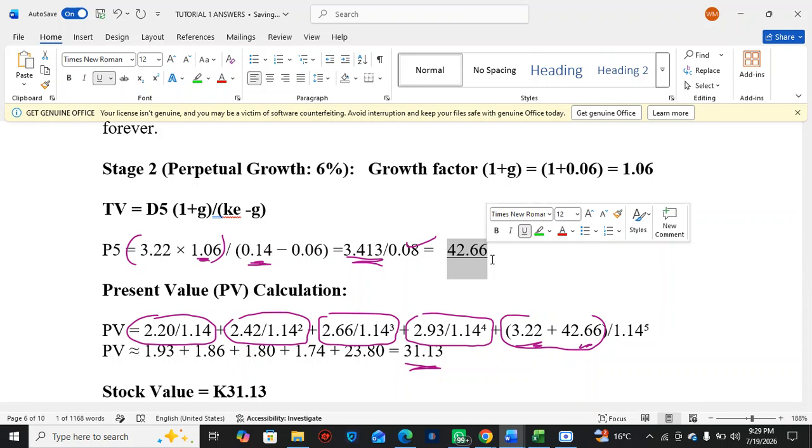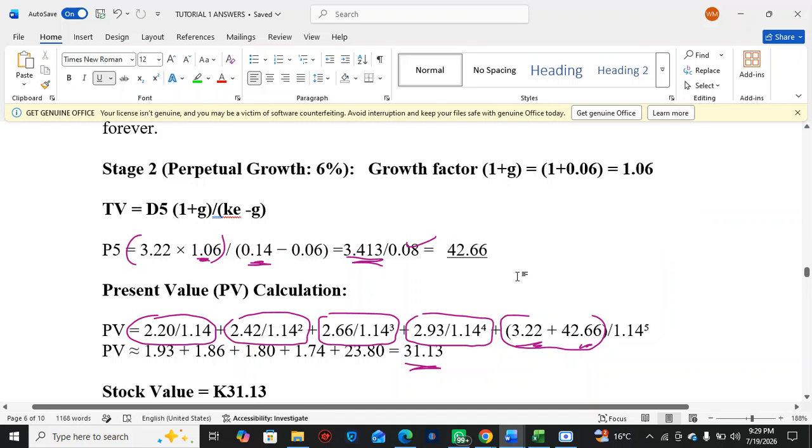Any questions? Yes, the total of the amount in perpetuity, madam.